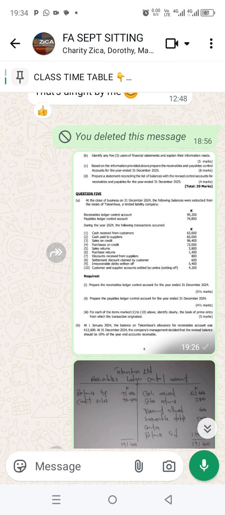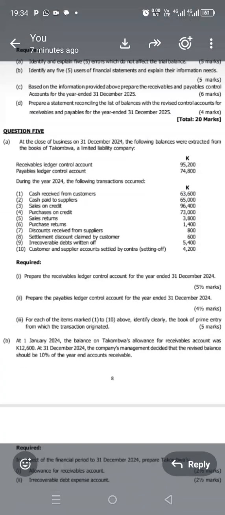So we are going to go step by step through these transactions that we are being given and capture the items that are supposed to be recorded in the receivable ledger control account. We are going to start with transaction number one. Transaction number one says cash received from customers. What happens when we receive cash from customers?